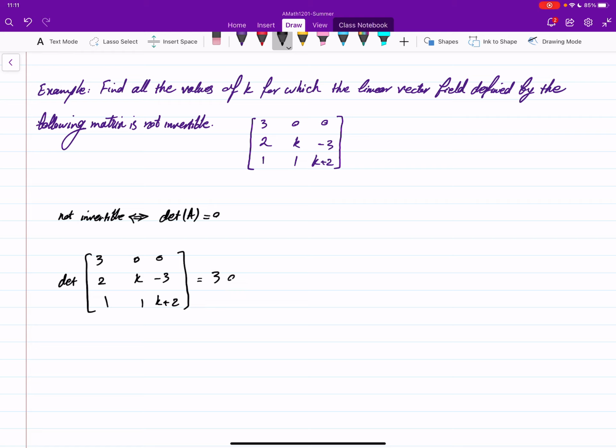This is 3 times the determinant of k plus 2, -3, 1, minus 0 times something plus 0 times something. So 3 times k plus 2 minus -3 times 1, and that is 3 times k squared plus 2k plus 3.